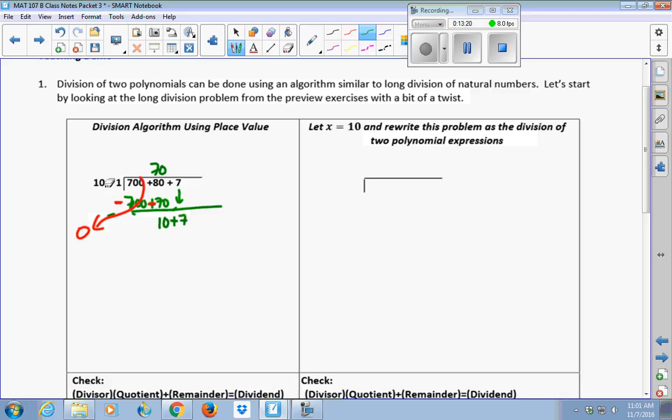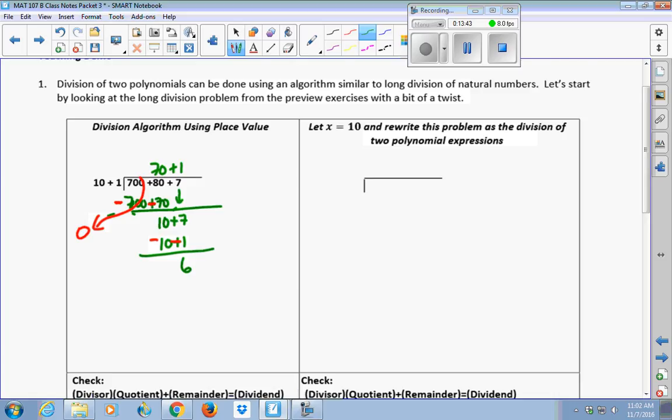The largest place here, 10 goes into 10 how many times? 1. So we say plus 1. Notice my 1s are above my 1s place. Now I multiply 1 times 10 plus 1 and I get this. And now with my colored pencil, I subtract both of them. And I end up with my remainder of 6. Okay?